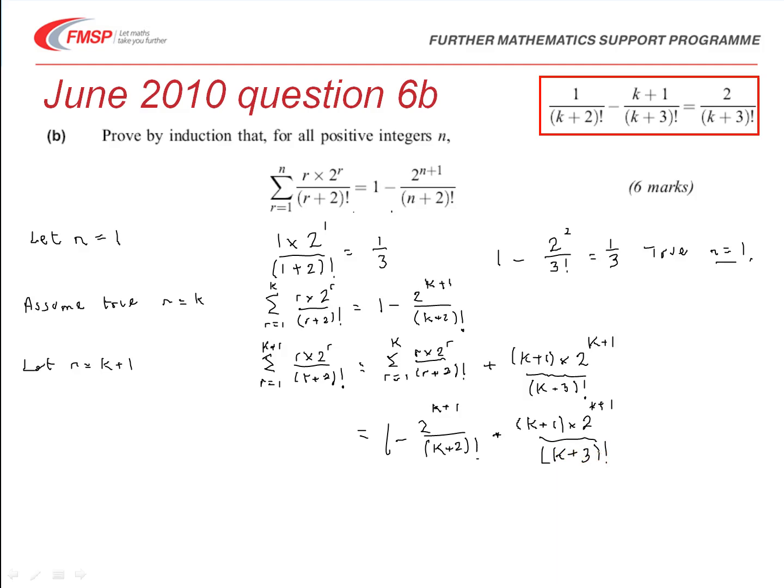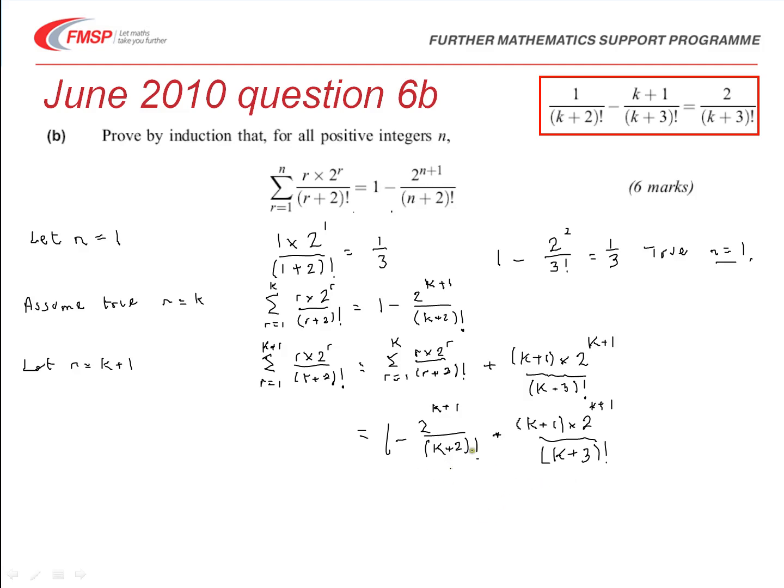Okay, well, we know we have to reduce this again to 1 minus something, where the value of n is going to become k plus 1. So these two fractions that we have here, we need to simplify.